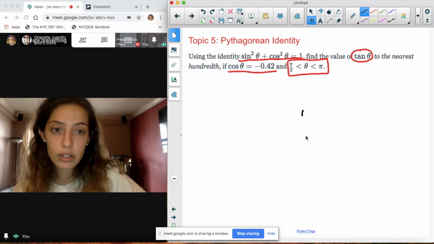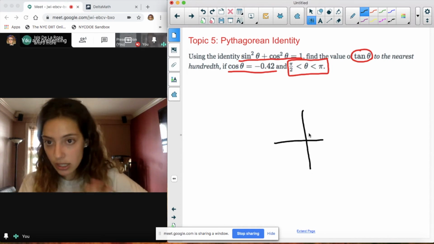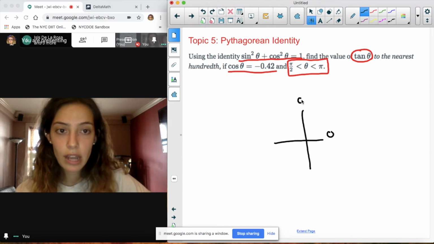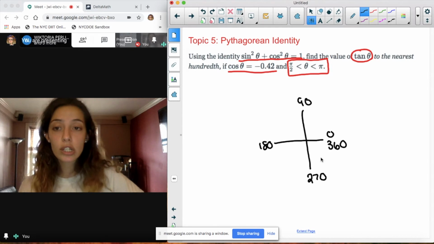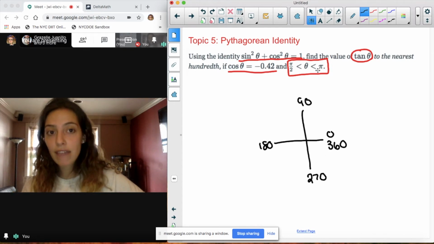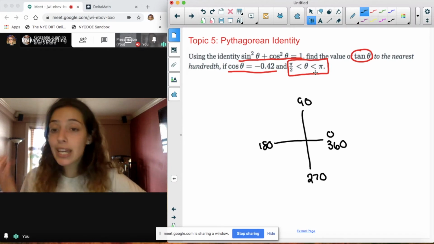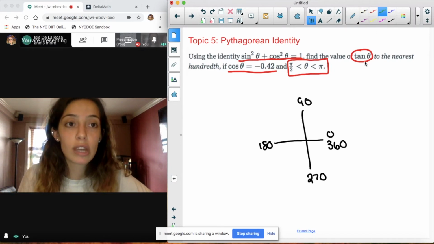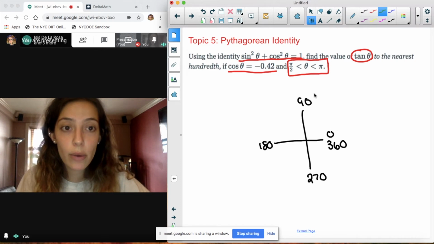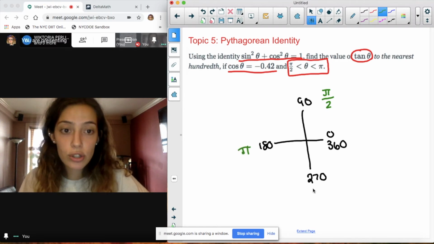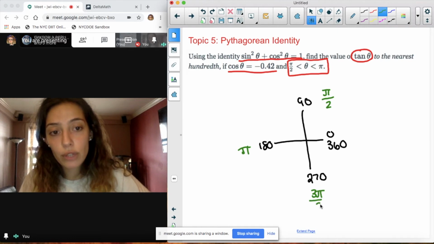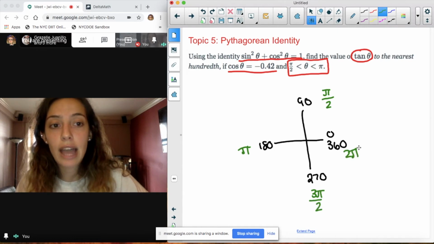So what we're used to is, I'm going to erase this, is 0, 90, 180, 270, and 360. Okay, we're used to using degree measures. What they gave us is radian measures. So we can use radian measures when we do this. 0 stays as 0. 90 can be written as pi over 2. 180 can be written as pi. 270 can be written as 3 pi over 2. And 360 can be written as 2 pi.